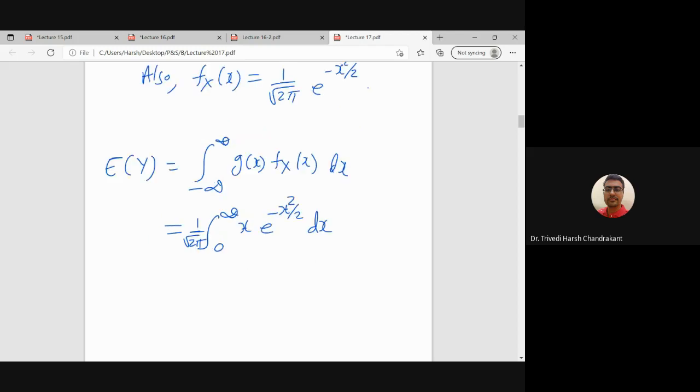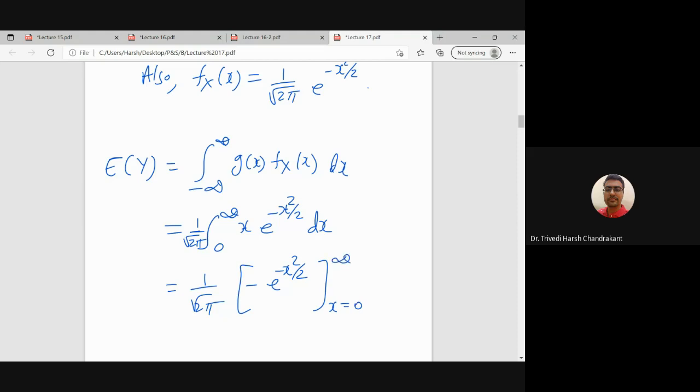So we know that this function has an antiderivative. So we just find the antiderivative and substitute the limits, because it is a continuous function. The antiderivative is minus e power minus x square by 2, and the limits are 0 to infinity.